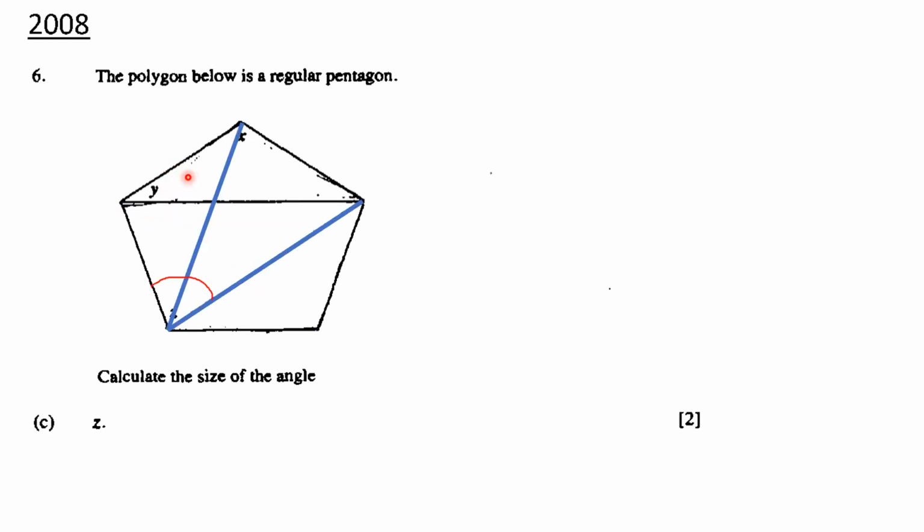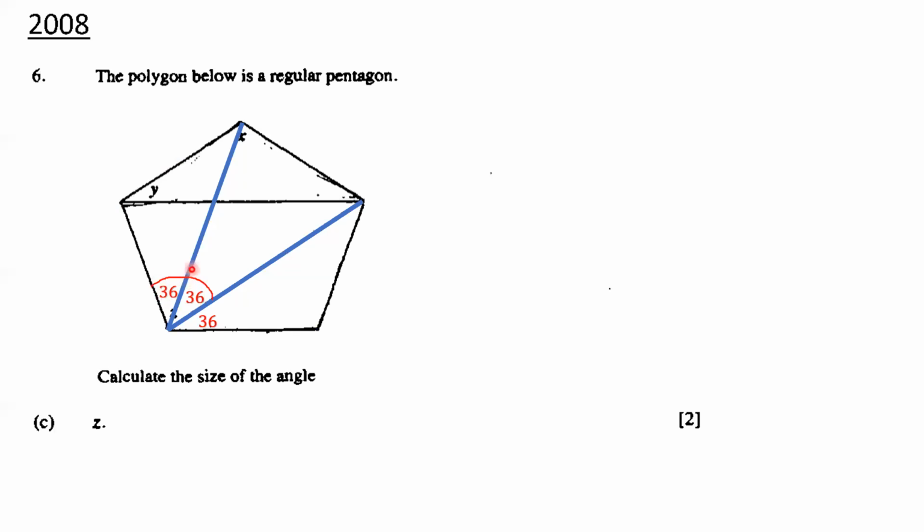Moving right along, we have the size of angle z. We're going to use the same concept. That's 36, that's 36. All right, we have this vertex. We can only draw 2 diagonals from it. And we know that each of these small little spaces is going to be 36 degrees. And if we want to figure out the size of angle z, we need to consider that z accounts for 2 of the 36s.